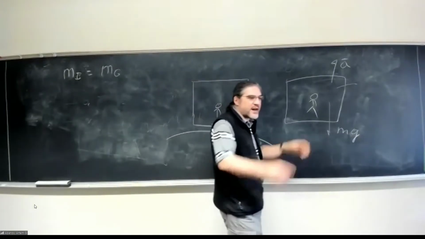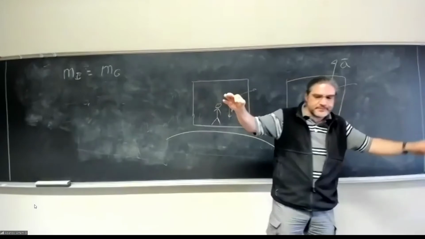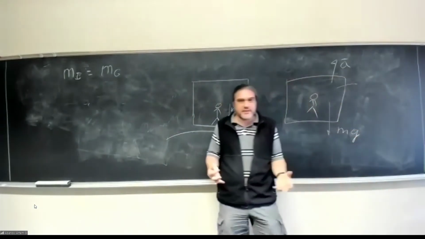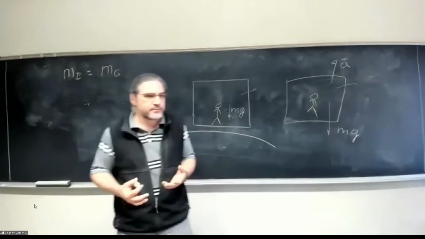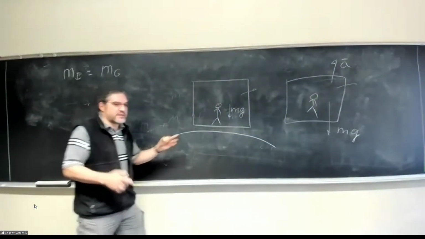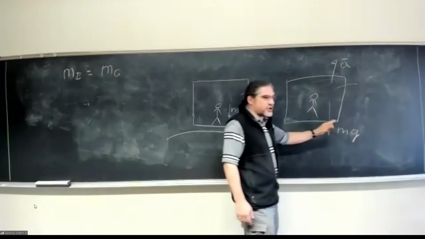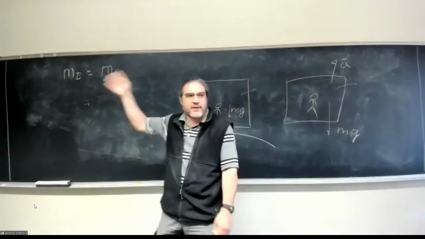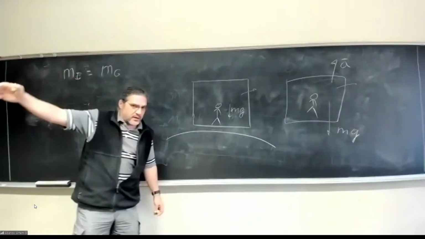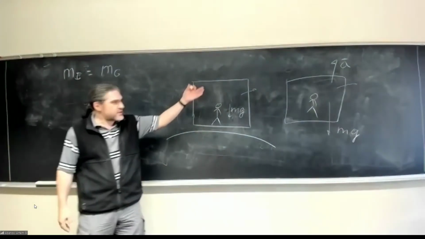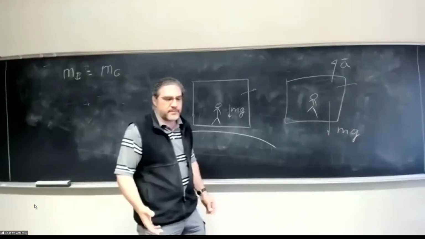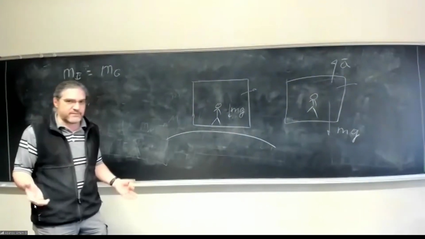Gravity decays with distance, and this inertial force does not decay with distance. It's a constant. So the only difference between gravity and inertia is the behavior at infinity. Very far away, gravity is decaying, and inertial force in an accelerating frame of reference will not decay. But there are no other differences.